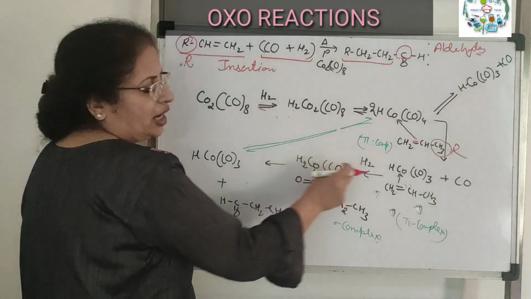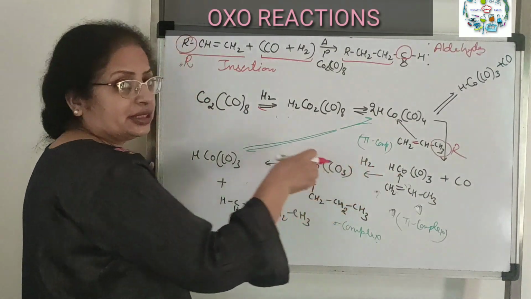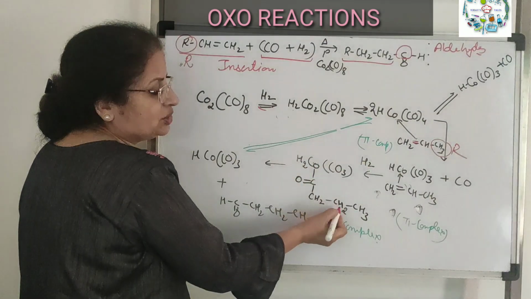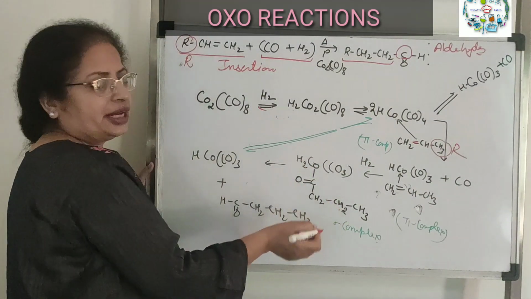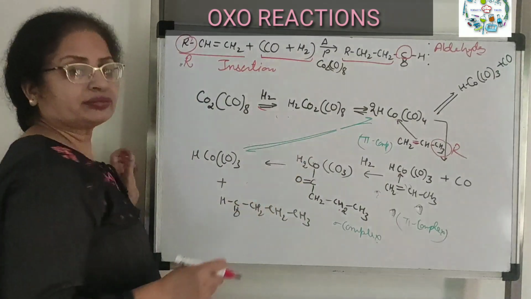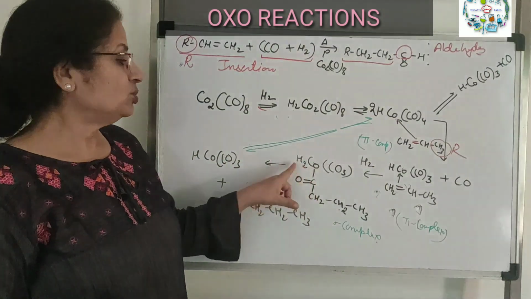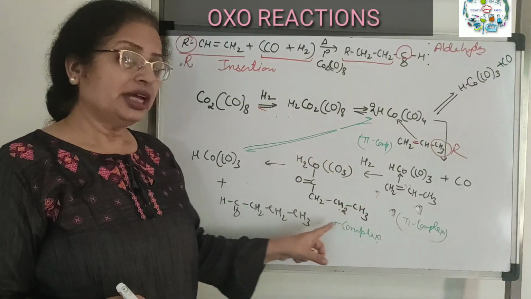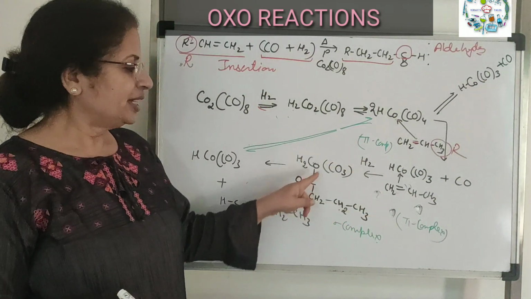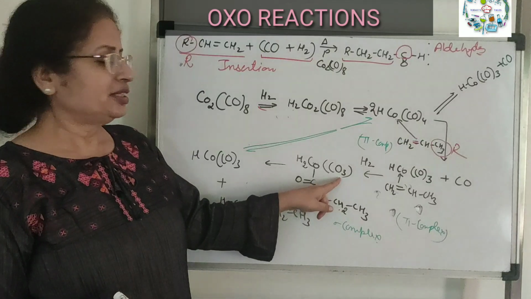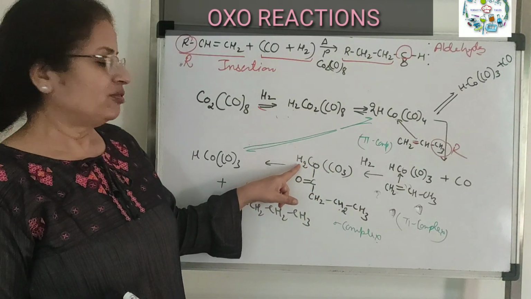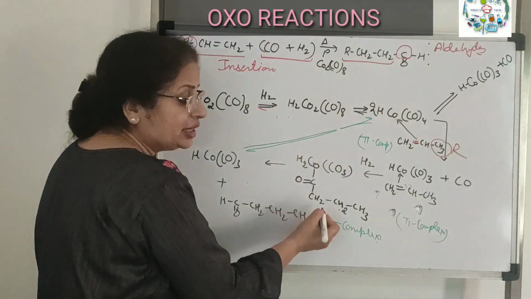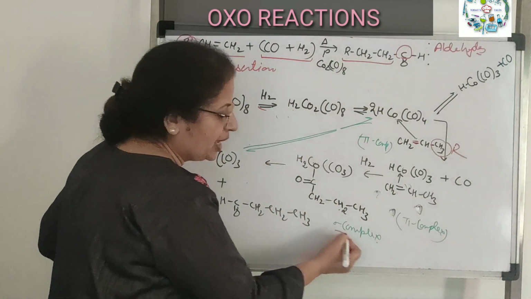On hydrogenolysis, what happens? This hydrogen molecule breaks this molecule and gives one hydrogen here and one hydrogen to this cobalt. So we are getting dihydrogen. So now it has converted into hexavalent. 3 valency plus 2, 5 plus 1, 6. So this hexavalent compound is a sigma complex. Why?